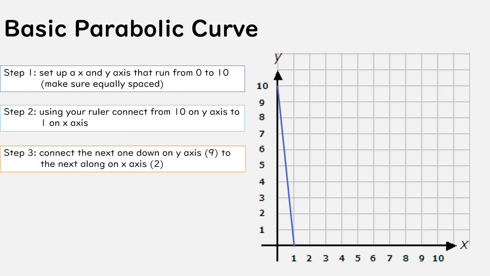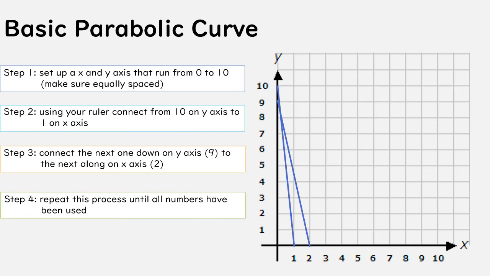Next step, connect the next one down, so 1 down from y is 9, and 1 across from x is 2, so I'm going to connect 9 on the y-axis to 2 on the x-axis. And we've just got to repeat this process. So next I'll connect 8 on the y and 3 on the x, then 7 and 4, 6 and 5, and we keep going like that, 1 square down, 1 square across, until we've got to those final ones there.